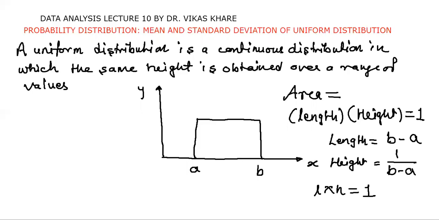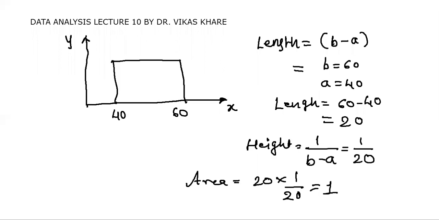That's why length into height is equal to 1. In the example, b is 60 and a is 40, so length is 20, height is 1 upon 20, and area is 20 into 1 upon 20, which is equal to 1.